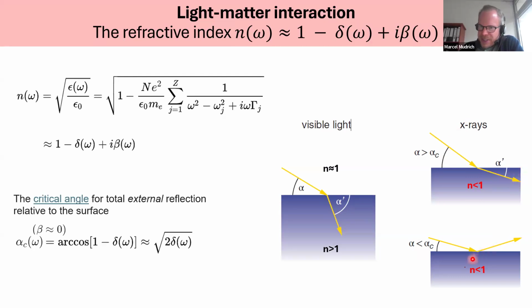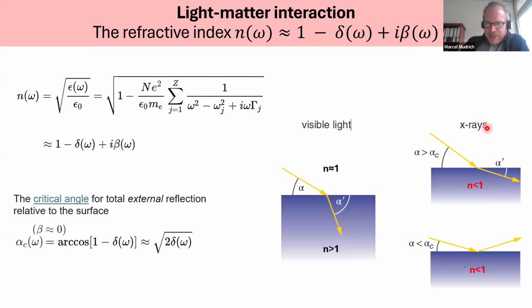And it also means that, just like in water, you can reach conditions where you shine light from the bottom of the lake onto the water surface at some small angle, and you get what is called total internal reflection. This I'm sure you're familiar with.